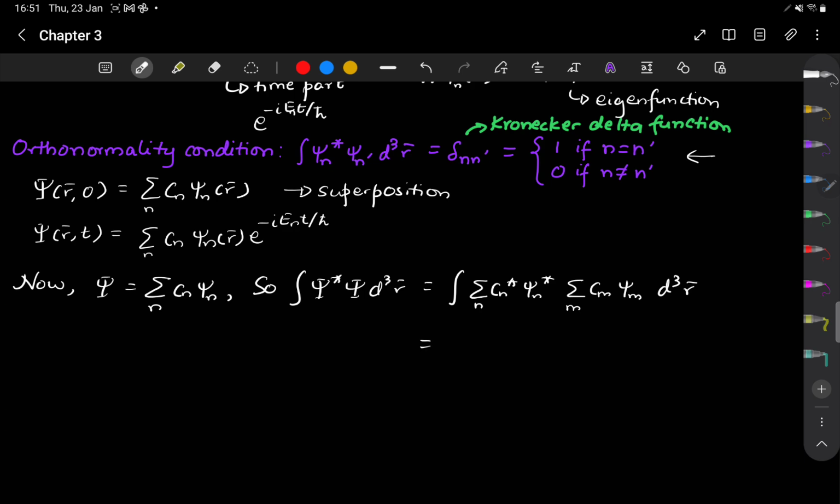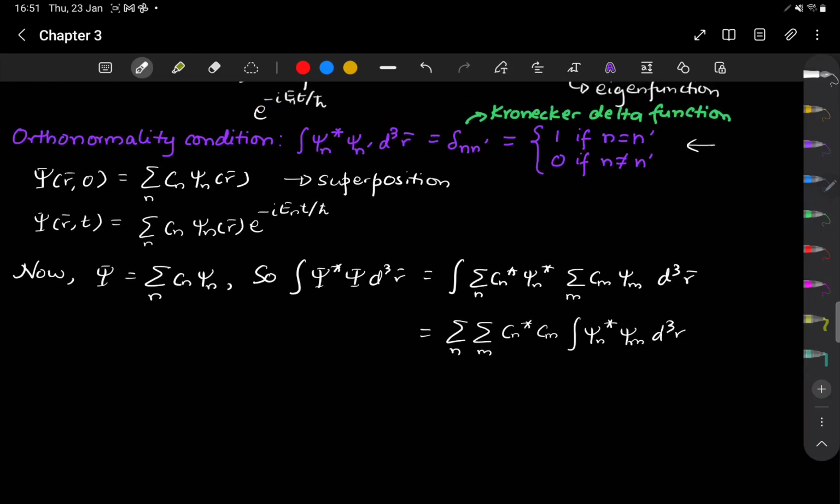And this can be rearranged. We can take the summation out and the integral goes in. Cn and Cm are complex coefficients. They are just numbers, complex numbers. And then these eigenfunctions are integrated over the entire volume.